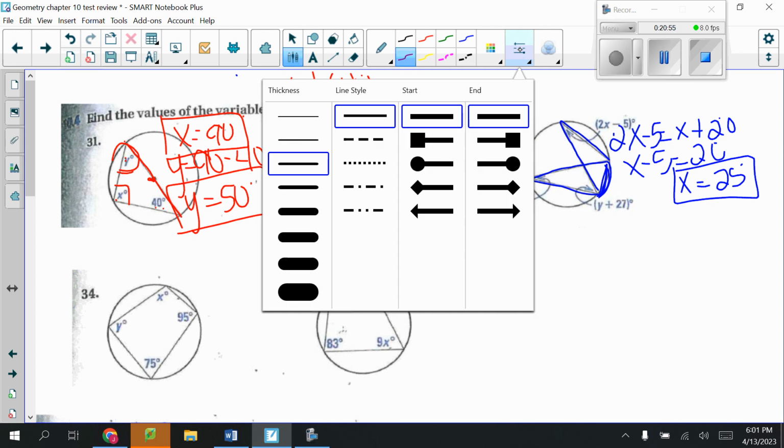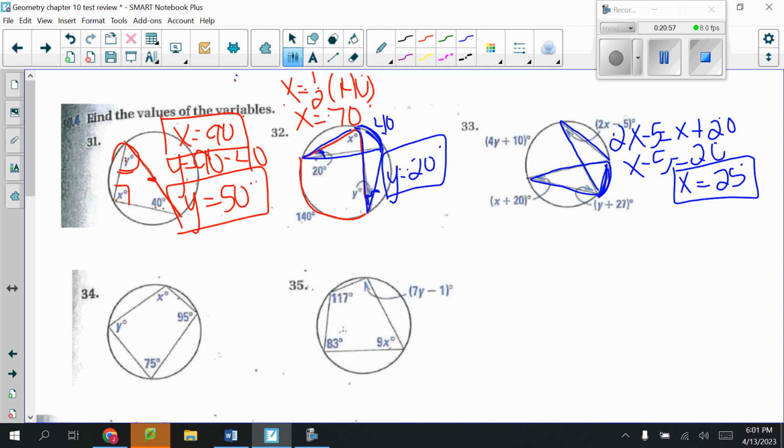If I look at the y's, y plus 27 intercepts this arc. They told me that that arc is 4y plus 10. So y plus 27 is equal to half of that arc. So 1/2 arc 4y plus 10.